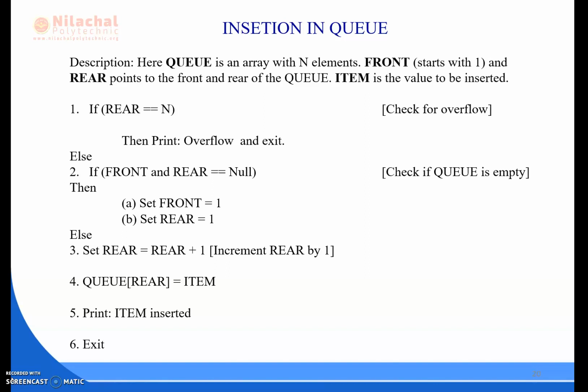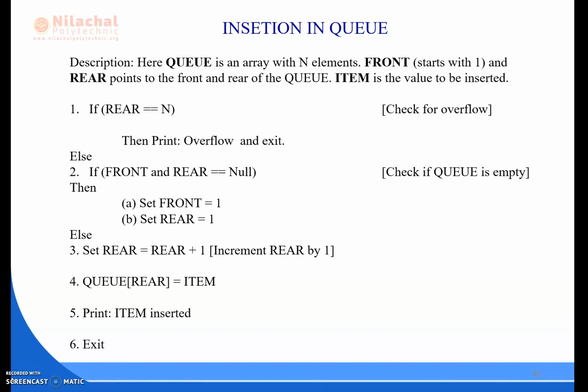If it is empty, then we need to initialize the queue. So we will set front equal to 1 and rear equal to 1. That means one data element is inserted where the front and rear are at the same position. Else, if front and rear are not equal to null, we have to increment the rear by 1, that is rear is equal to rear plus 1.